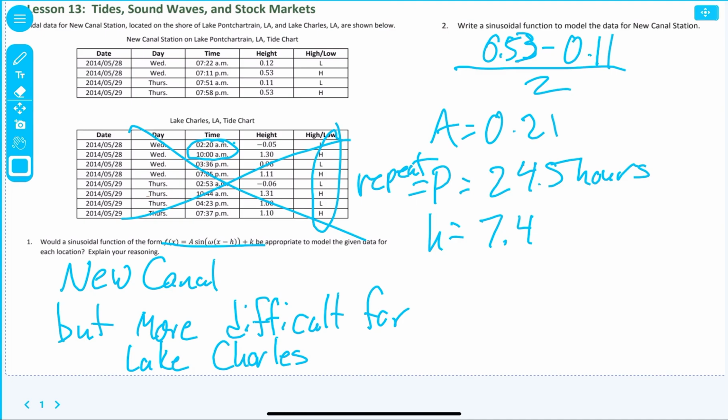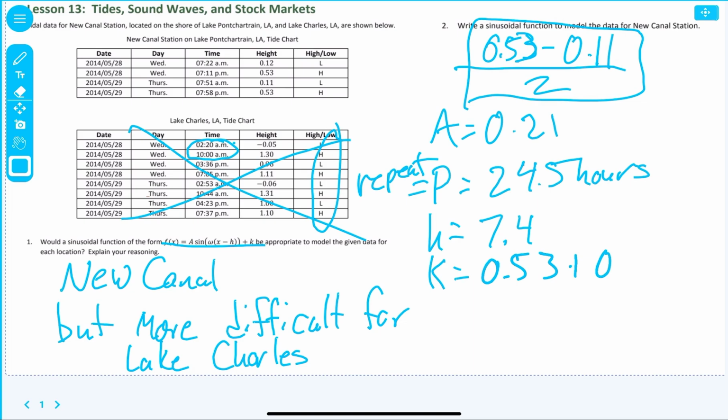So, what else do we have? K? Now, K is our what? Okay? What do we call that? The midline. Where is our midline going to be, or how do we find it? Yeah, so take what you did right here, but add it together. 0.53 plus 0.11 divided by 2.